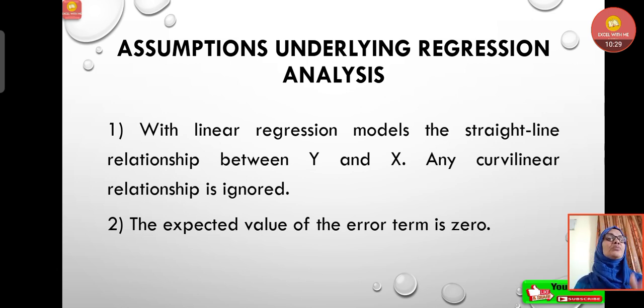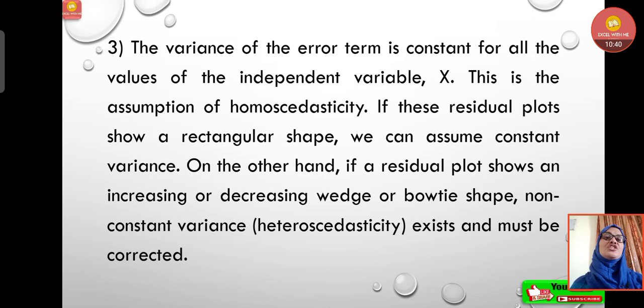With linear regression models, there is a straight line relationship between y and x; any curvilinear relationship is ignored. The expected value of the error term is 0. Now, the variance of the error term is constant for all the values of the independent variable x. This is the assumption of homoscedasticity.